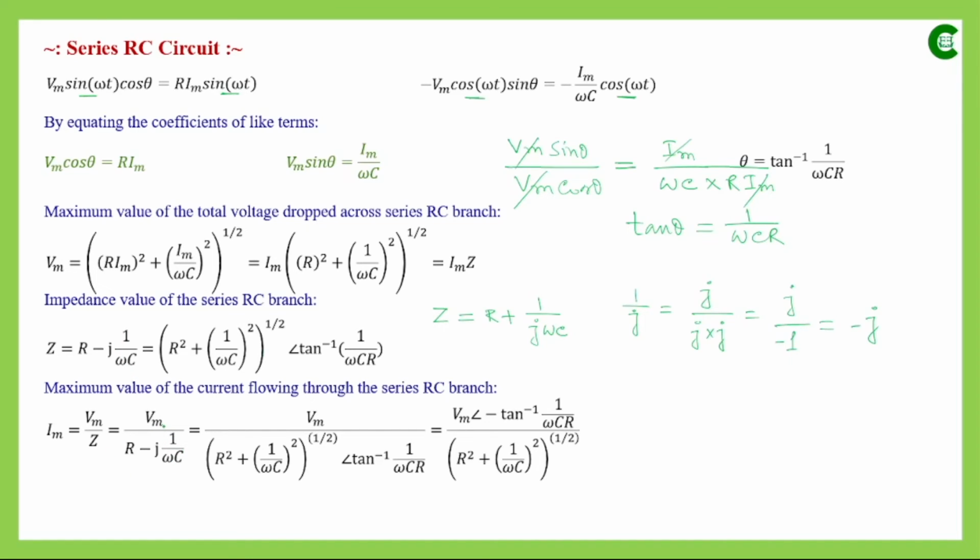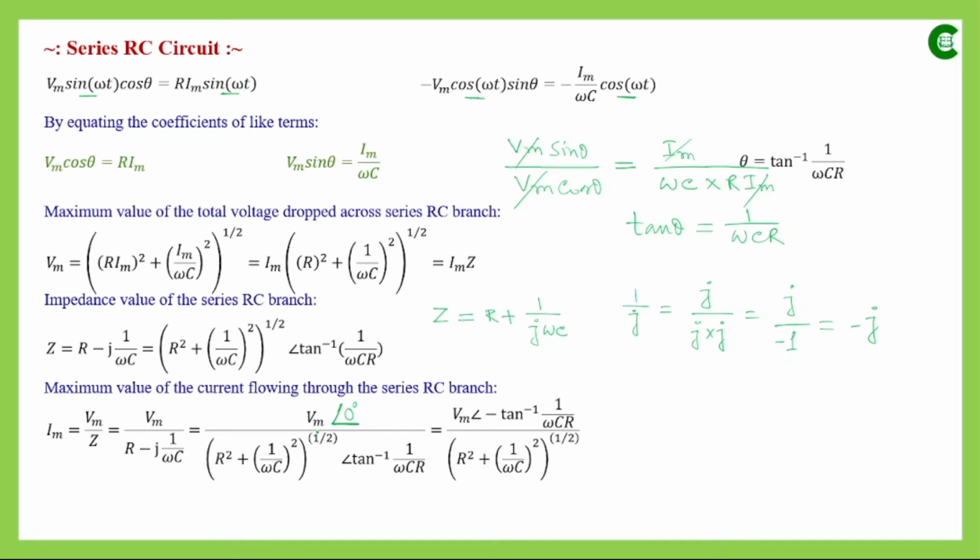Since we are dividing Vm by a value represented in rectangular format, first we have to convert this rectangular form into its corresponding polar format, which we have already obtained in the previous step. Vm, since it is only Vm, can be assumed as polar format with Vm and an angle of 0 degrees. So in this expression of maximum current, we have two values in the numerator and denominator represented in polar format.